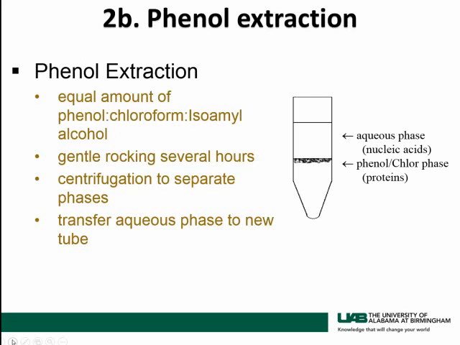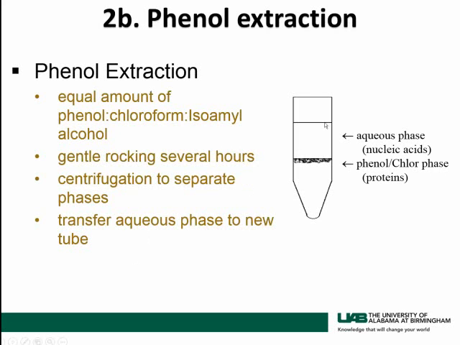The addition of phenol, chloroform, isoamyl alcohol is followed by gentle rocking for a number of hours. For smaller amounts of lysate, all you do is mix equal amounts, vortex gently, and then centrifuge at maximum speed. Again, in a microcentrifuge tube, you centrifuge at 13,000 times G, and this will separate the extract into three basic layers.